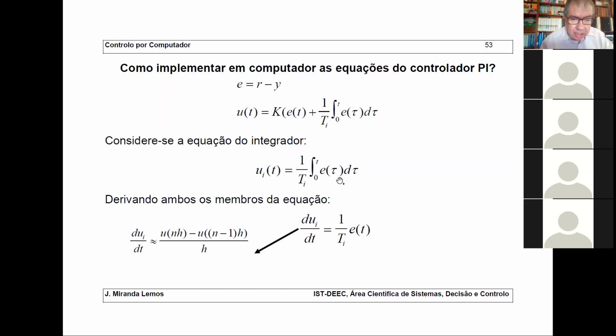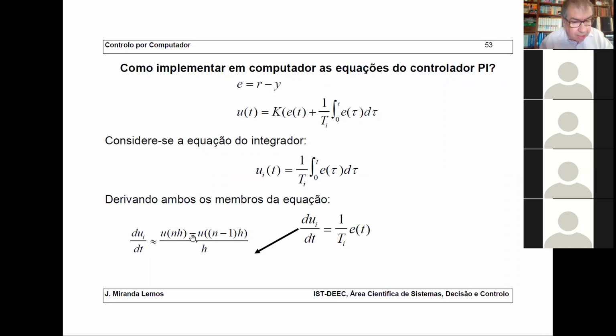Okay, now instead of an integral, I have a derivative, but I can approximate the derivative by the definition of derivative, okay? The definition of derivative is the difference of two close points of the function divided by the time between them, okay? So I take as h the sampling interval, and I have two consecutive samples of u_i.